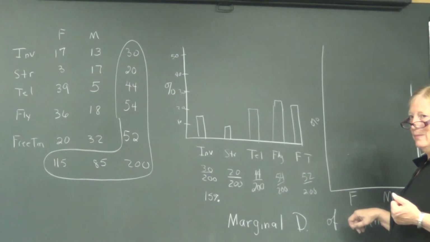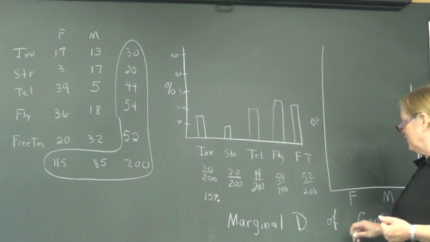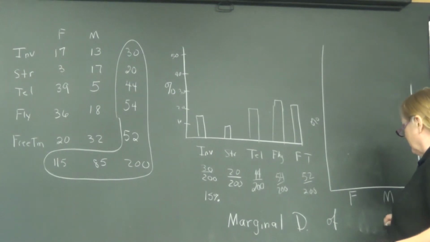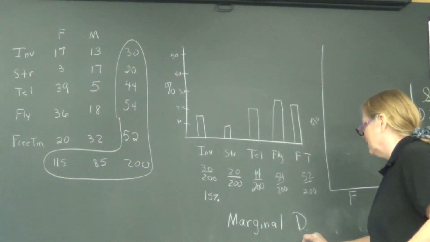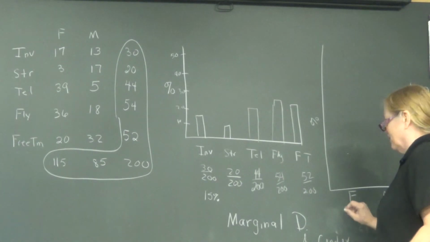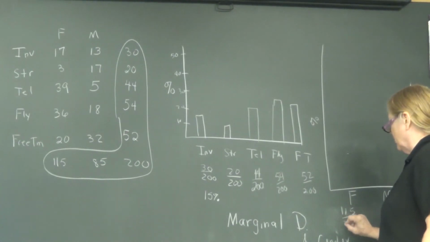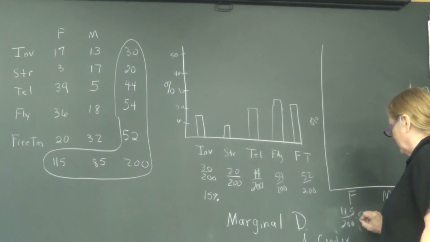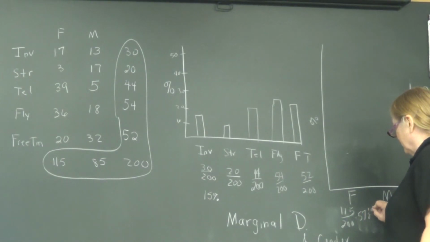The total number of females? Right. It'll be 115 over 200. Right, 115. Somebody help us with that. 57.5. So 115 over 200 is 57.5%.